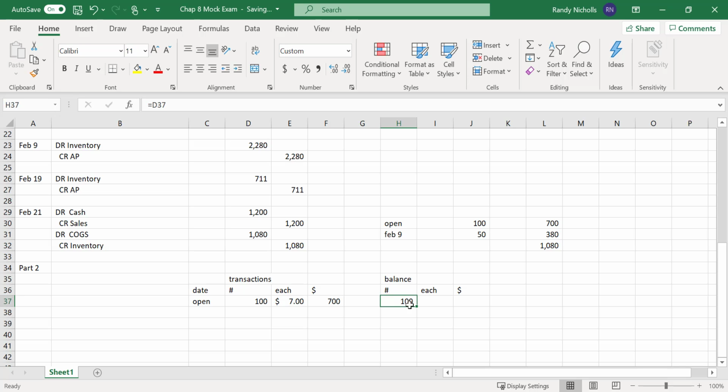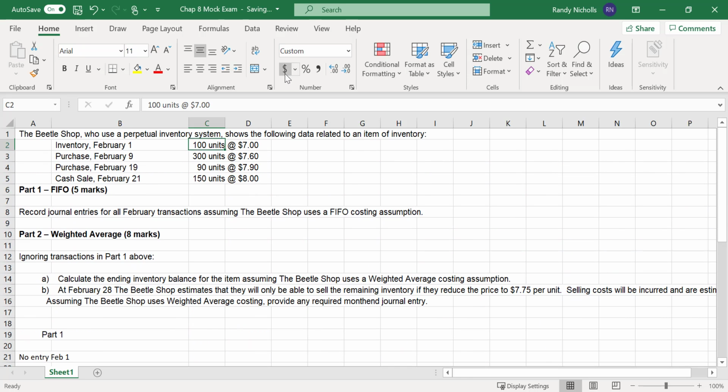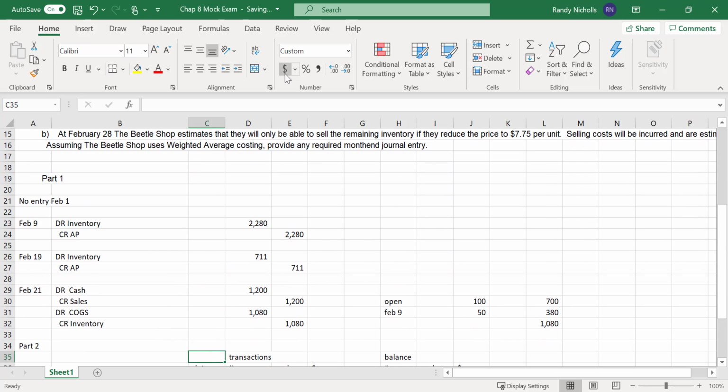Sorry, my mouse gets a little screwed up. Okay, and again, I want to put this column in dollars just so I can see the cents, because there's a difference between $7 and $7.20 and $7.30. I've got my February 9th purchase, which we said was 300 at 760.